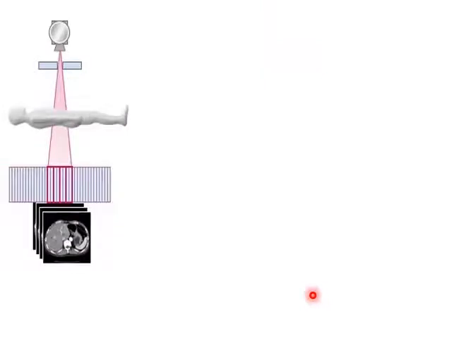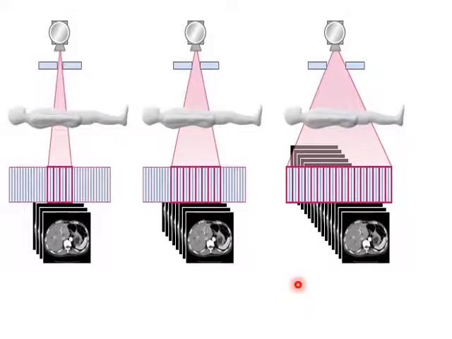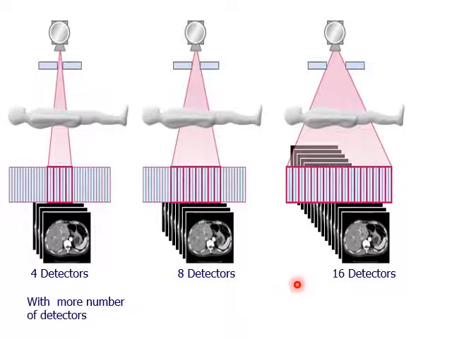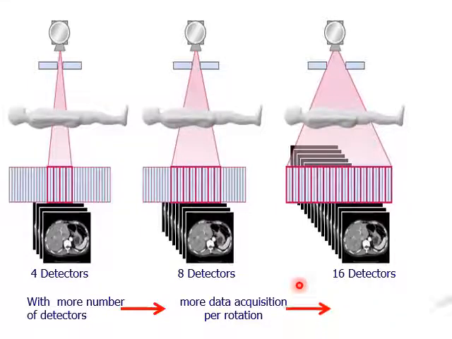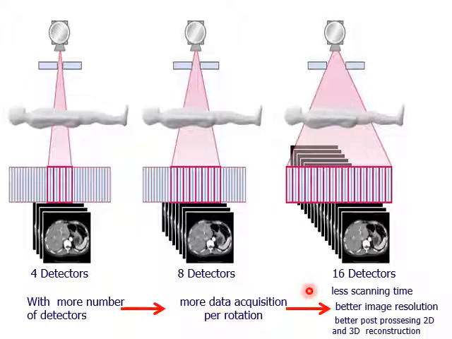As all of you know, multi-detector CT started with 2, then 8, 16, and so on, and now has reached a huge number. As we increase the number of detectors, more data acquisition per rotation is taken, and this results in less scanning time, which is very important, better image resolution, and better 3D and 2D reconstruction.